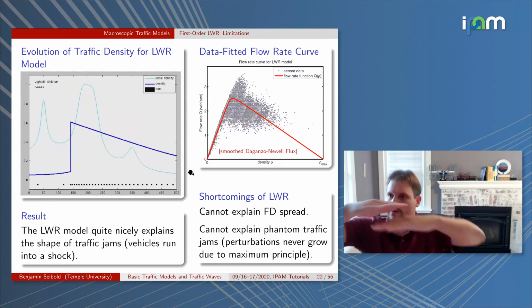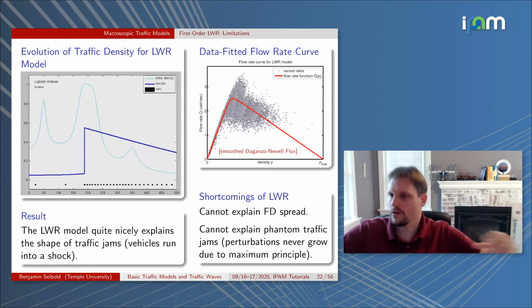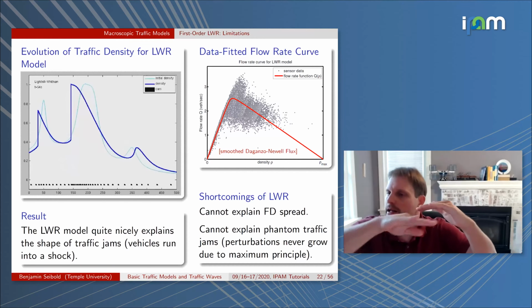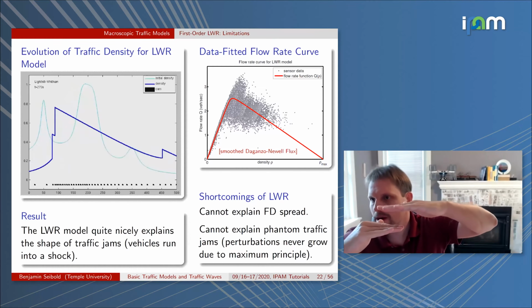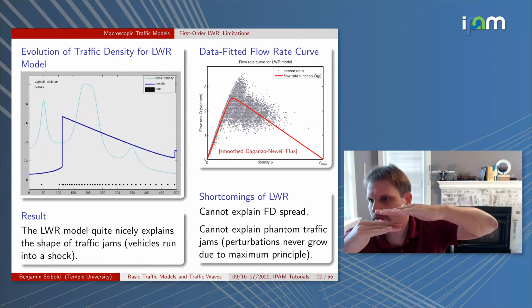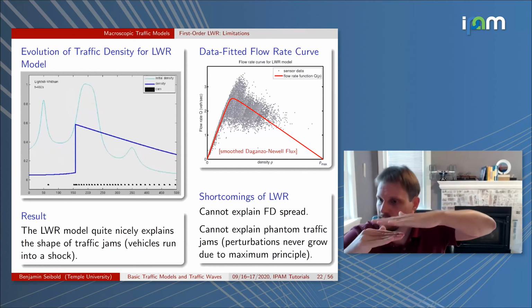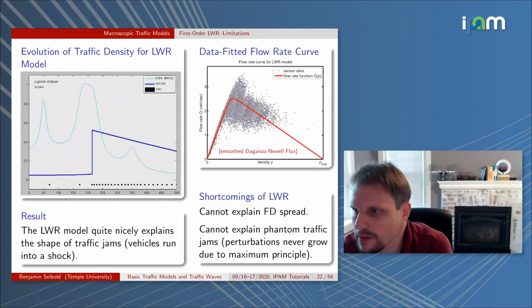So now imagine you start with a uniform flow profile, all cars equispaced go with the same speed, and add a little bit of a perturbation, okay? But a very small perturbation. Then the maximum principle prevents that perturbation from amplifying. It has to remain within the bounds that you prescribed initially.